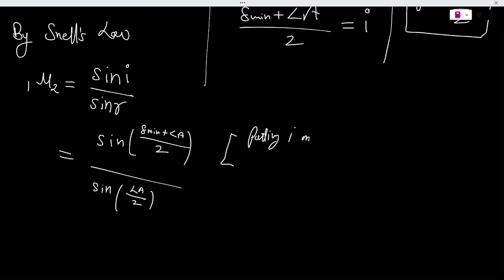We have just substituted the values of I and R, so we got the relation between the refractive index and delta min.